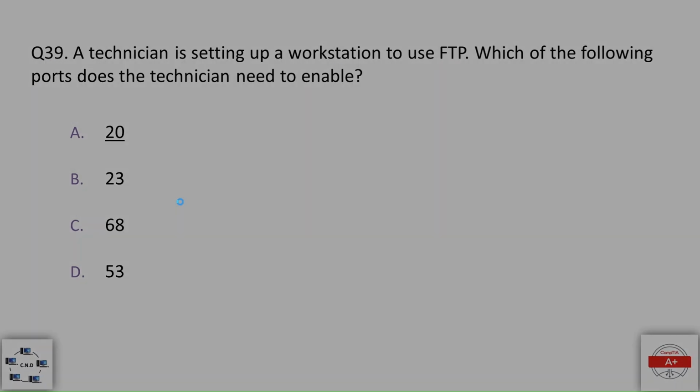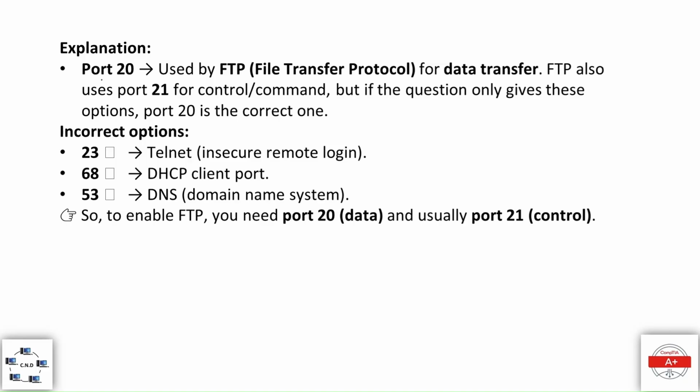So let's go through the explanation. Port 20 is used by FTP, File Transfer Protocol, for data transfer. FTP also uses port 21 for control and command, but if the question only gives these options, port 20 is the correct one. So the incorrect options: port 23 is used for Telnet, which is insecure remote login as well as management and configuration of hosts such as network devices.